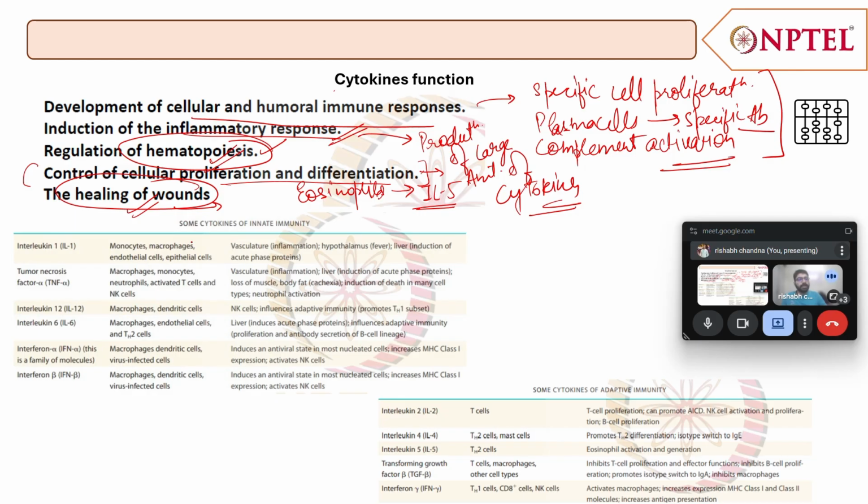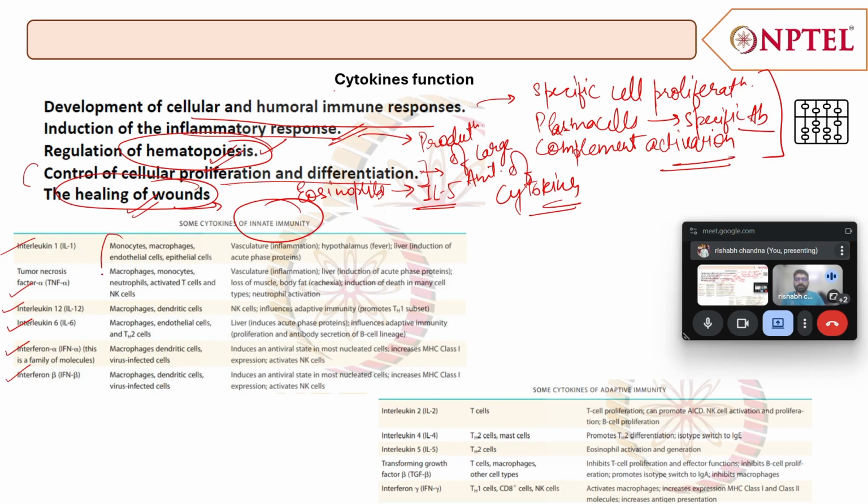Now, there are two kinds of immunity in our body. First is the innate, and the second one is the adaptive. So there are different sets of cytokines that play a role in different types of immunities. Okay, so in the innate immunity, we have cytokines like interleukin 1, TNF alpha, IL-12, IL-6, interferon alpha, and interferon beta.